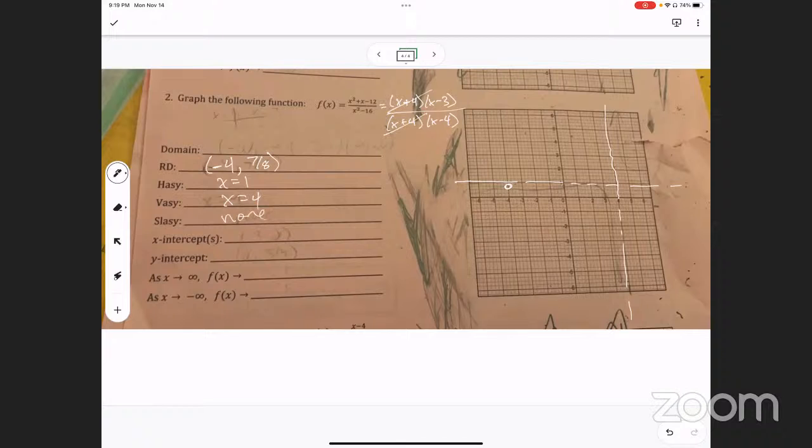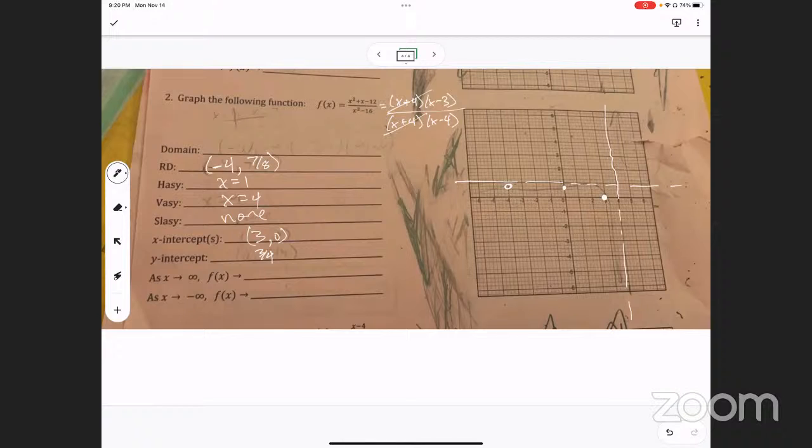Your x-intercepts, you look at the numerator where it equals 0, which is at 3. So 3 comma 0. Your y-intercept, plug in 0 for x, you get -3 over -4, or 3/4. Got it? So let's put those points in. There's your x-intercept, there's your y-intercept. And then you can see what the graph is going to do.